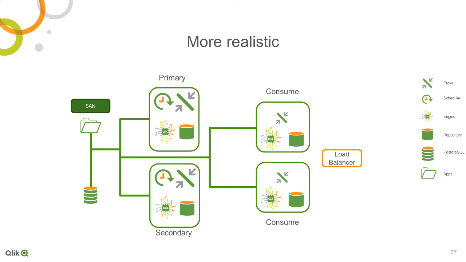These are both potential central nodes. There's no need to have a filler value there. We've got consume nodes out front, and then we have a SAN on the back end for the apps and Postgres for resiliency there. So now we've got Sense with resiliency baked in without doing Windows clustering, in addition to resiliency for the applications and the database.